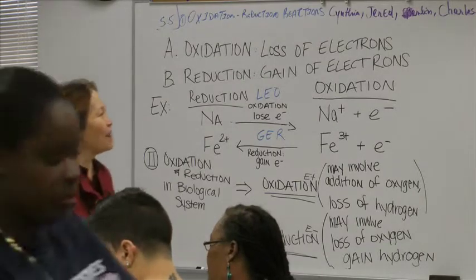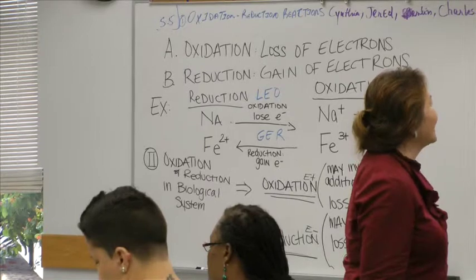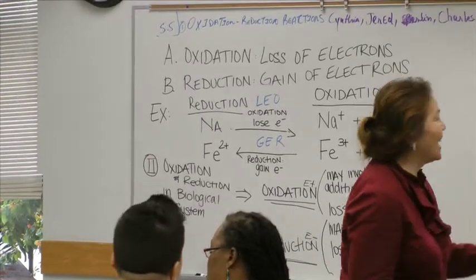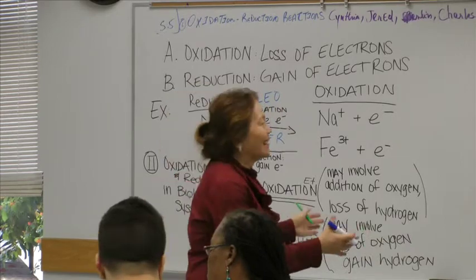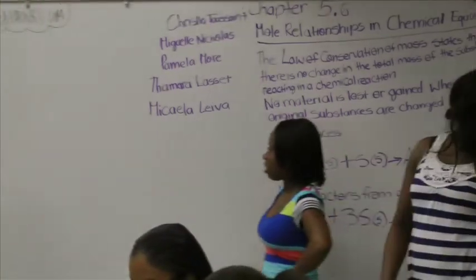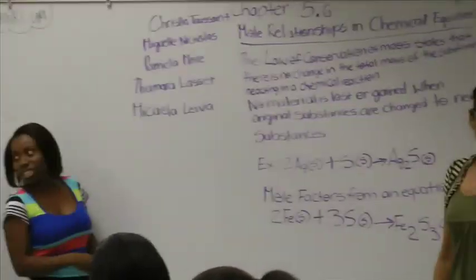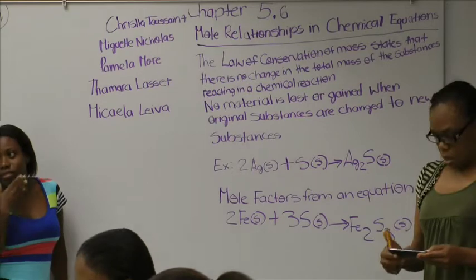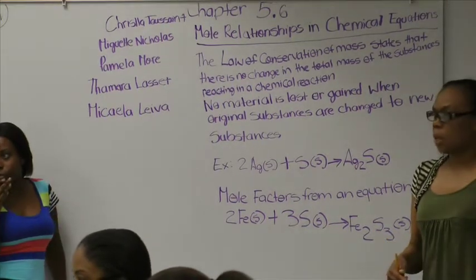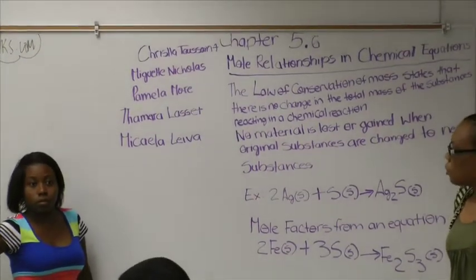Okay, so now we have 5.6. Marcella, introduce your group. And everyone else stand up. Can you all see them from up here? And then, who's 5.7? You have 5.7?